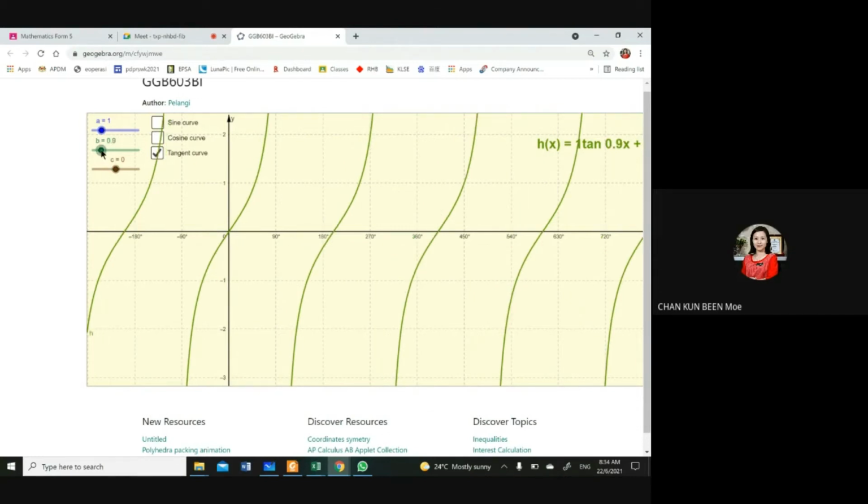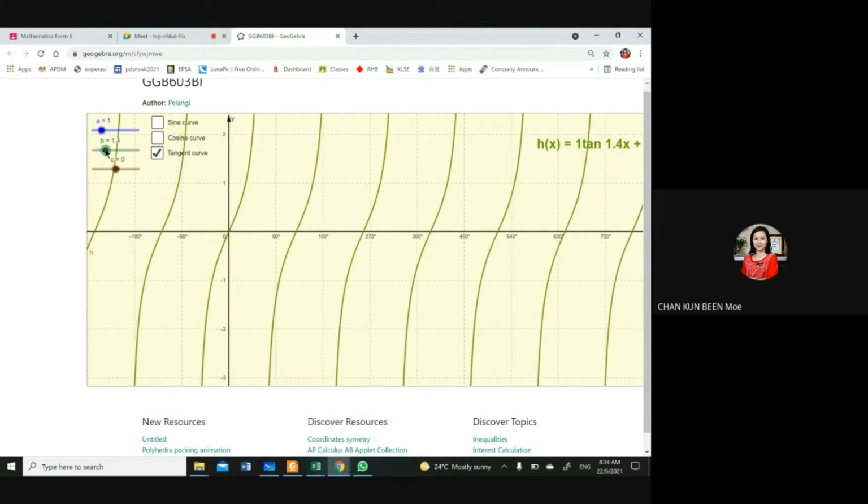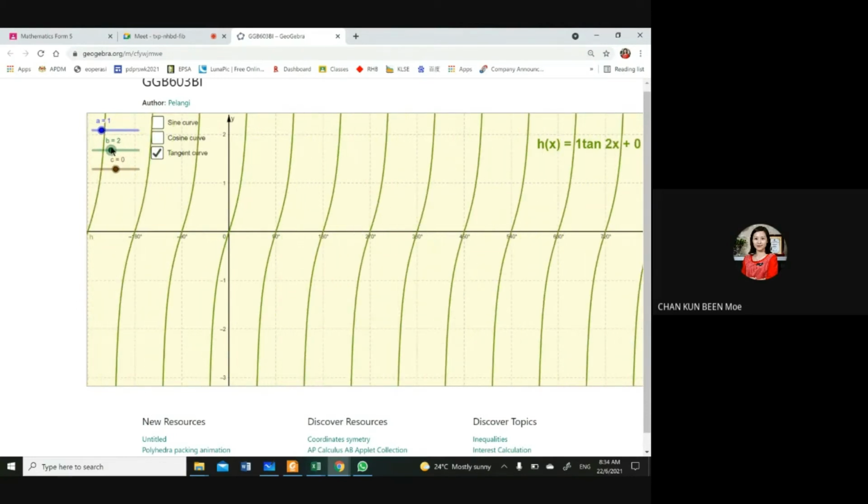If I change it to 2, did you notice how many periods from 0 to 180 degrees? 2, right? This is 1, this one is 2. So from 0 to 180, we have 2 periods of the tangent graph.